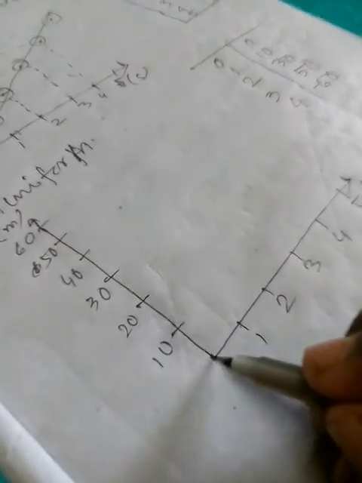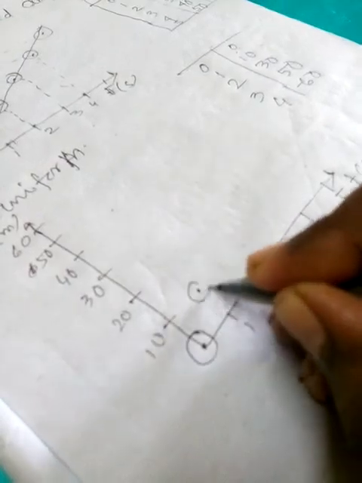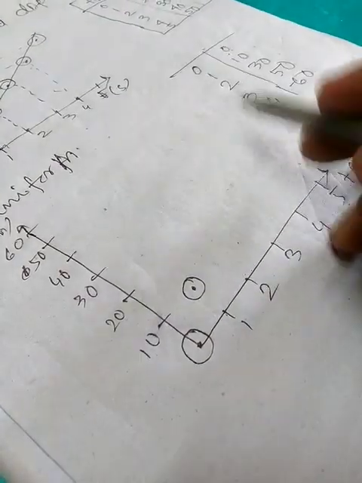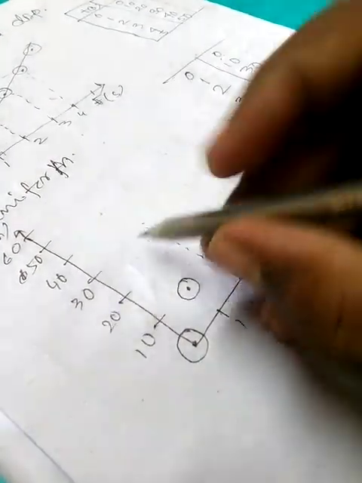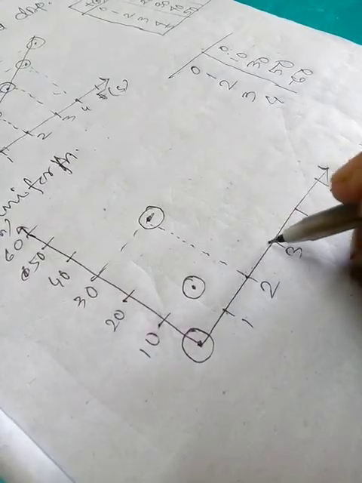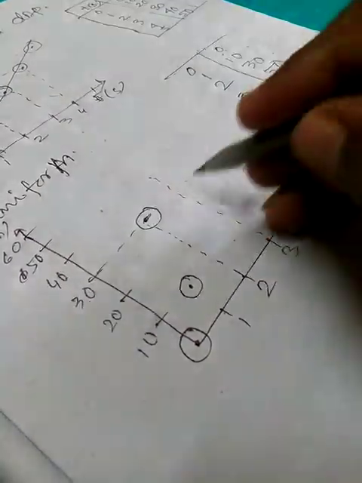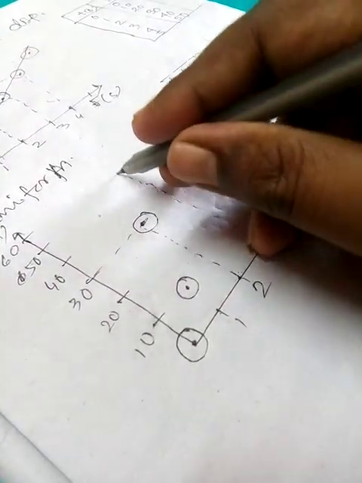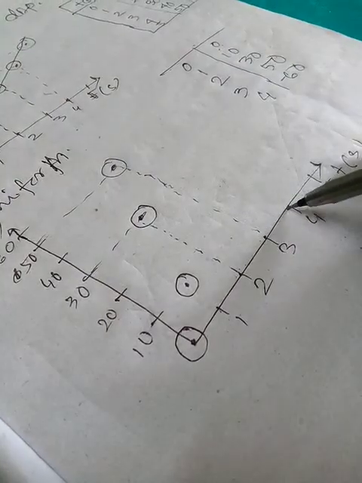So at 0 it starts at 0, in 1 it is 10, so it is here, in 2 it is 30, so we have to draw a perpendicular from 2 and from 30, so it will come here. In 3 it is 50, and in 4 it is 60.